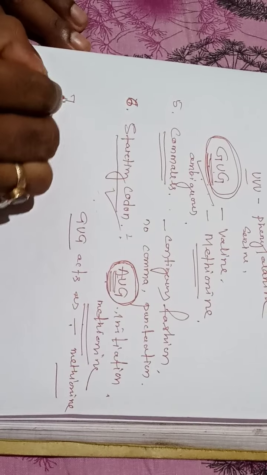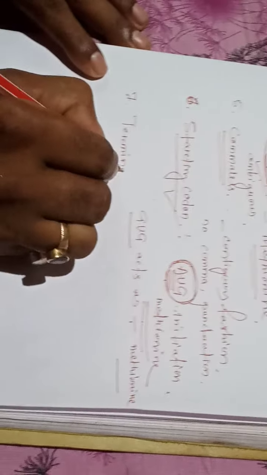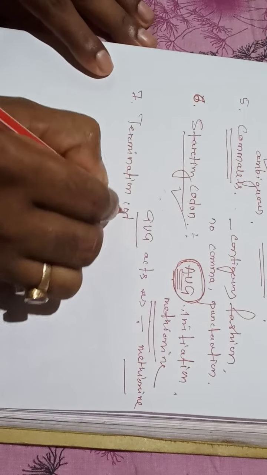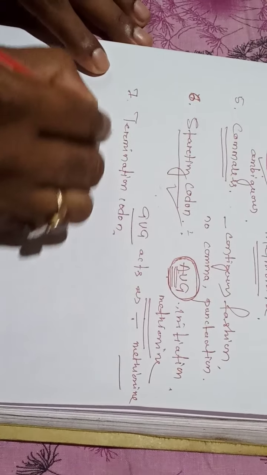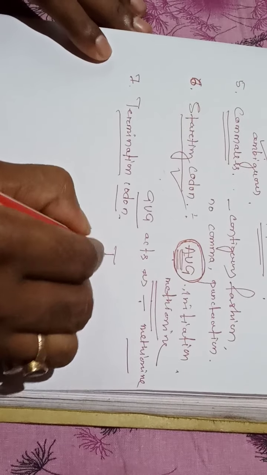Then the seventh property is the termination codon. These codons terminate the process of translation.